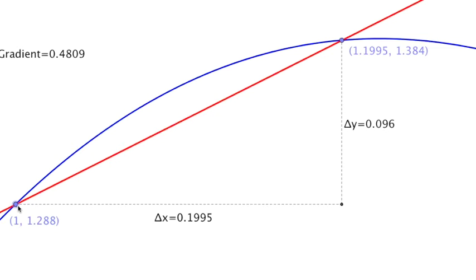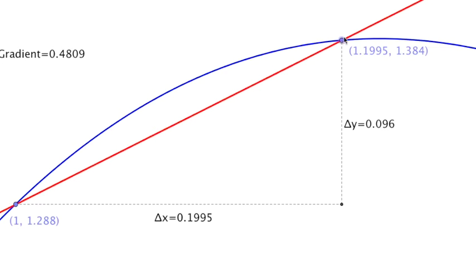Well, as an approximation for the gradient at this particular point, what I could do is take 2 points that are on the curve, that are a certain distance apart from each other, and I could basically work out what the gradient of this line is between these 2 points. So I could work out what's the change in y, that's what I've got here, and what's the change in x, and I know that the gradient is the change in y divided by the change in x, so I could work out what my gradient would be from that.